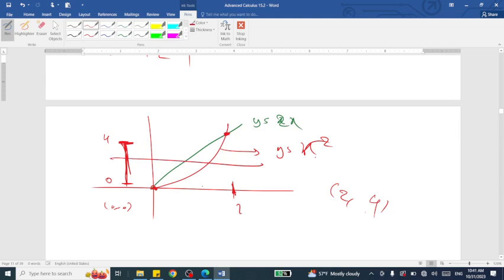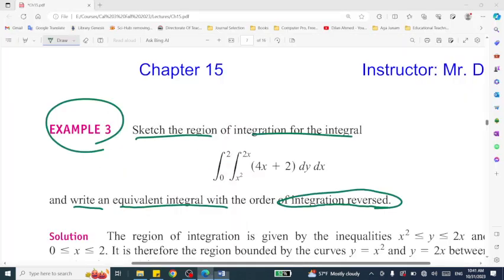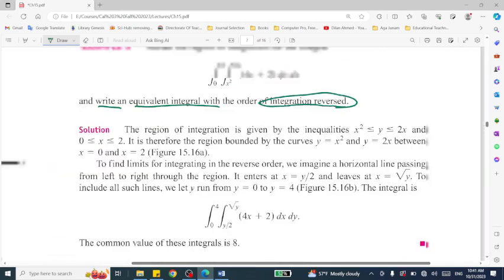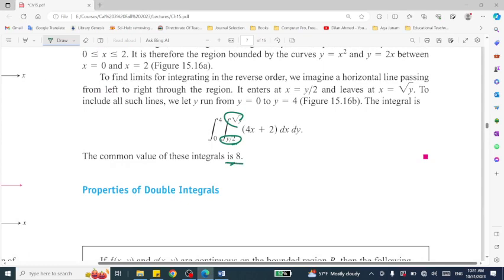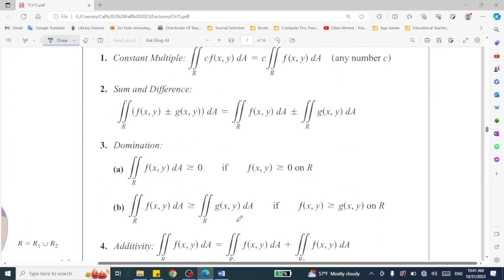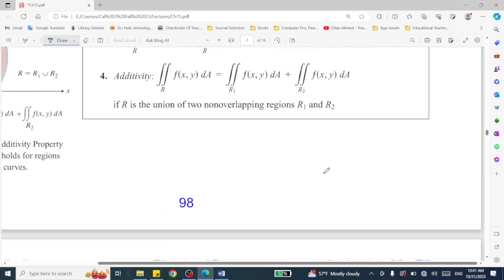Shall I repeat that one? Do you think it's clear for you? Intersection means we solve both of them.